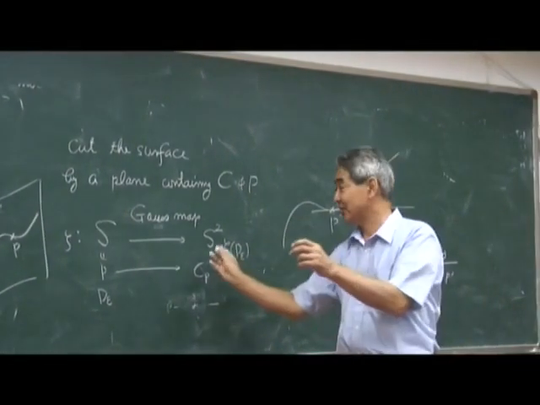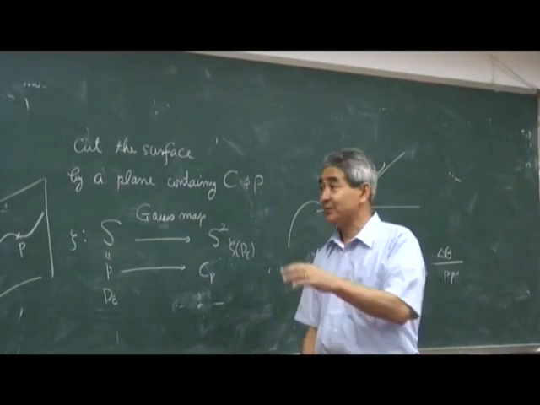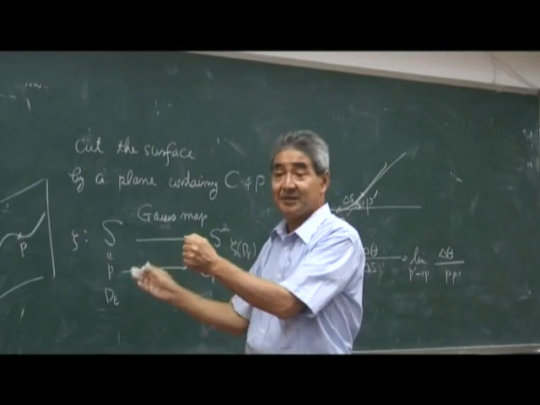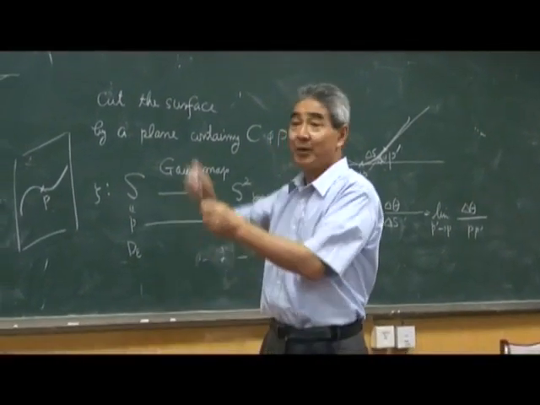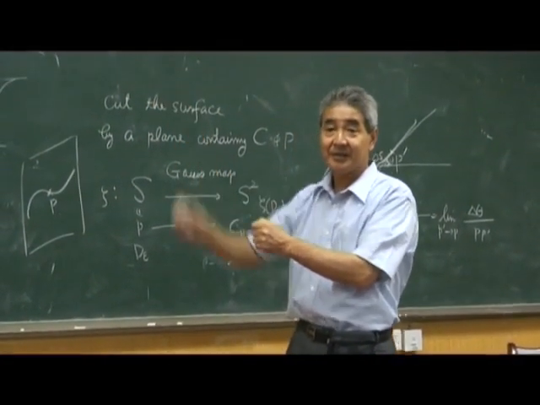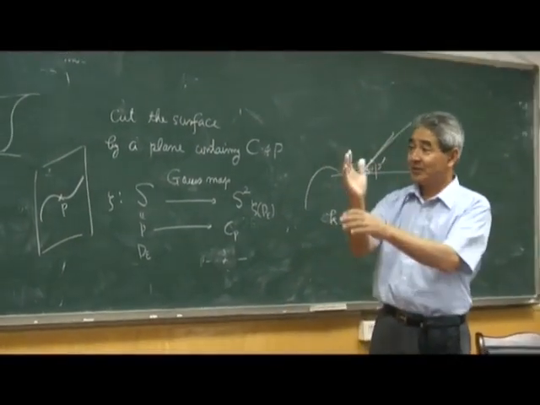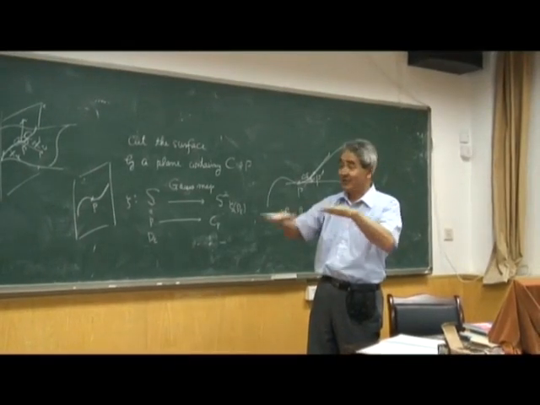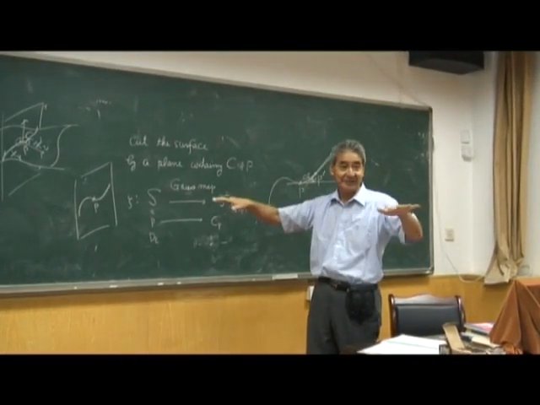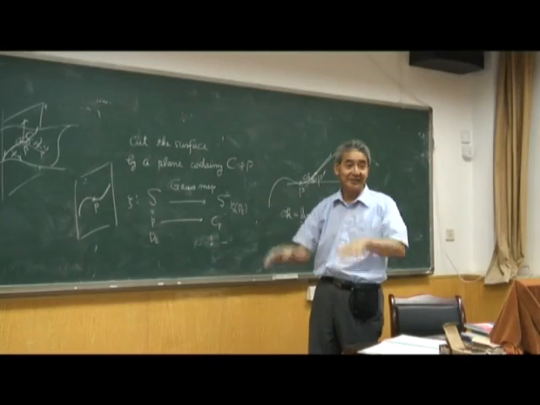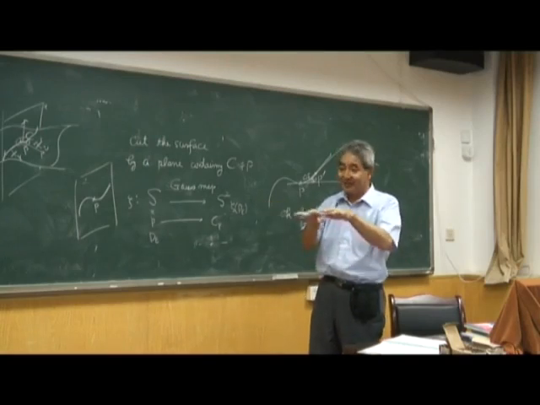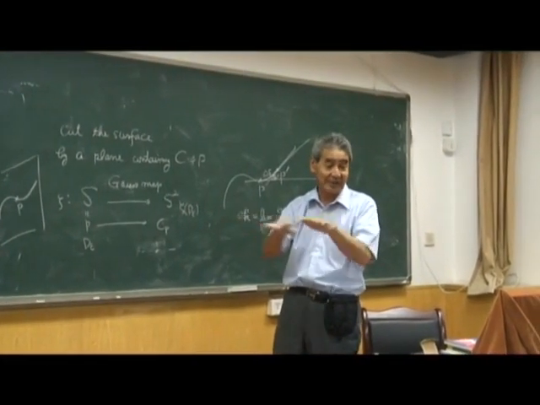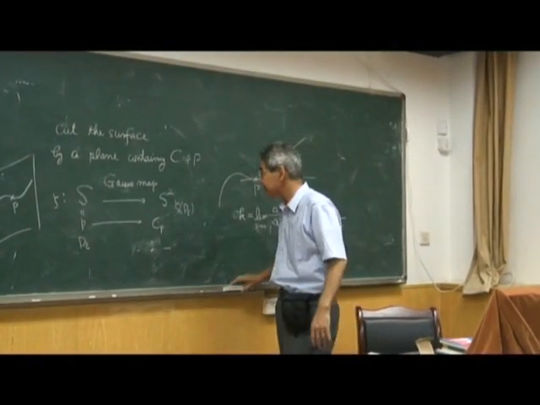For example, if that normal vector is always the same, this map gives just one point. That means your surface is flat, locally at least, because the tangent plane is always the same.